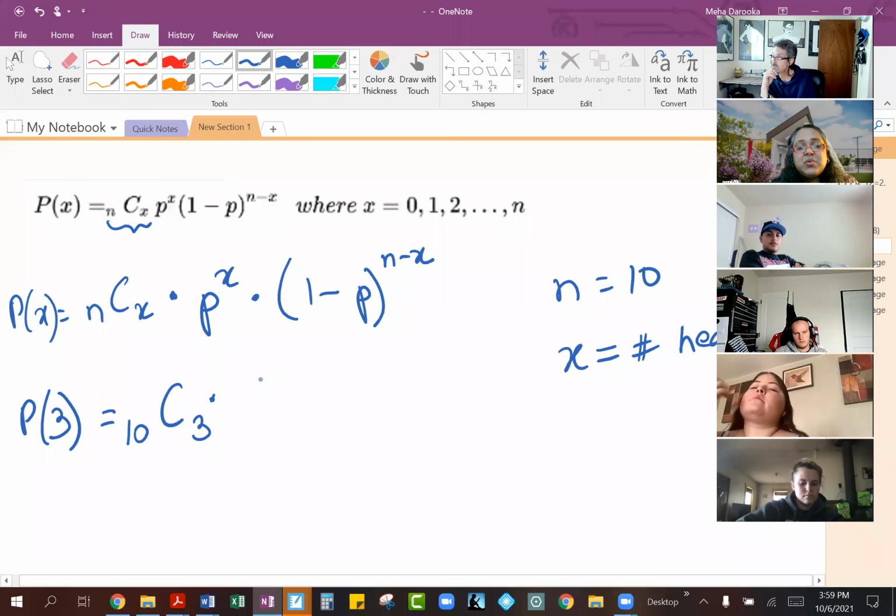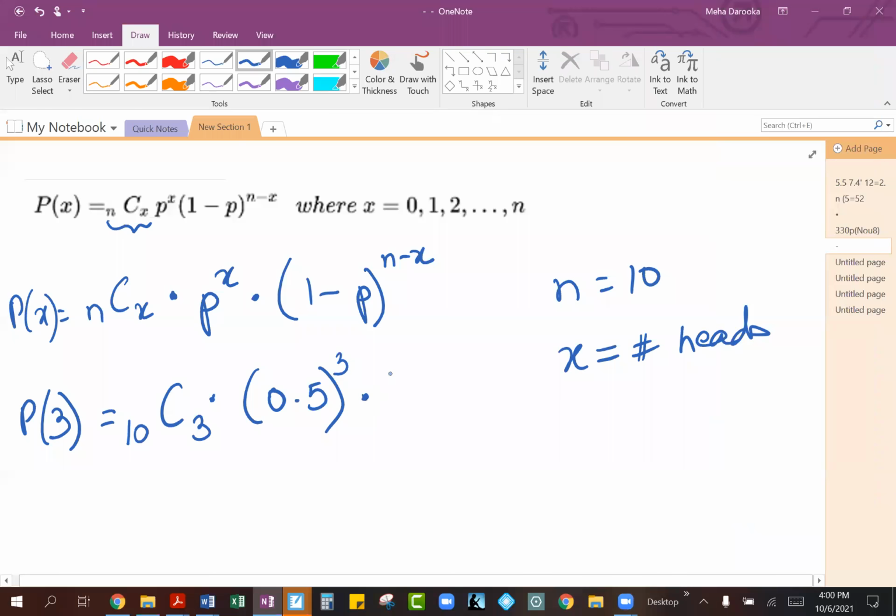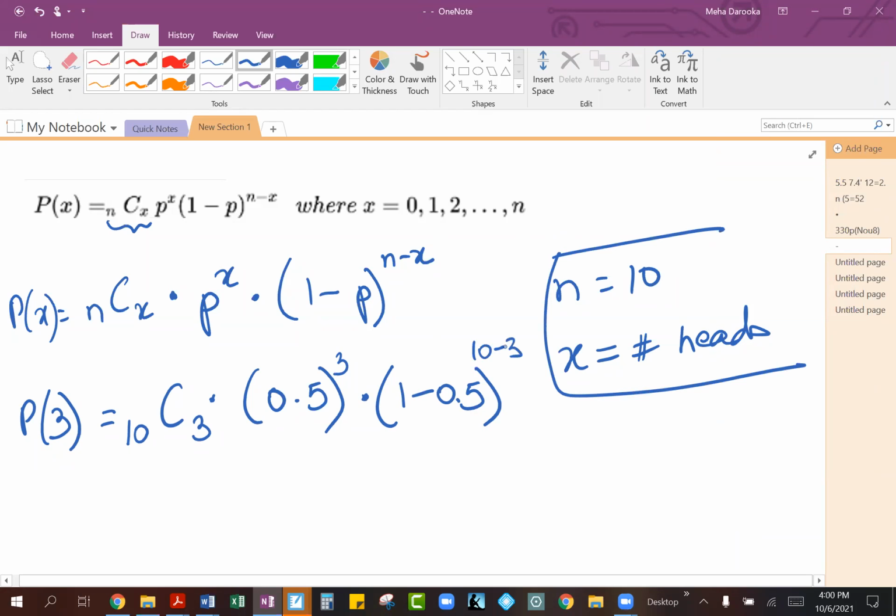So that p-value will also stay the same for everyone. So 0.5 for our p-value raised to how many heads you had. And then multiply that with 1 minus p, which of course, 1 minus 0.5 is also going to be 0.5. And then as an exponent, you are doing 10 minus 3.